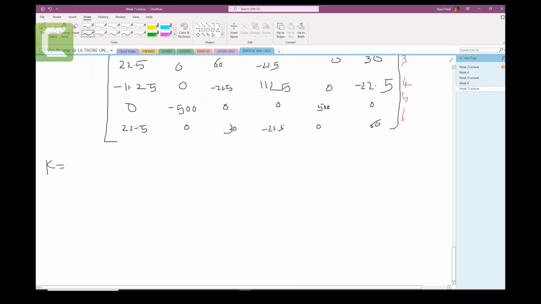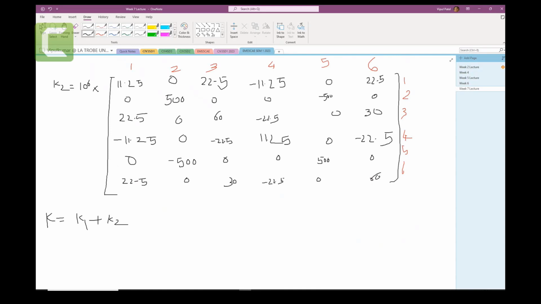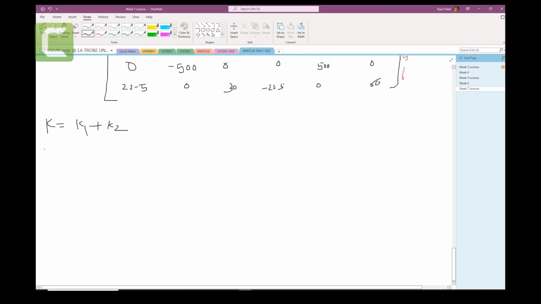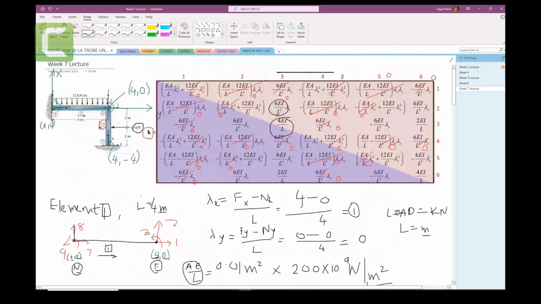Capital K is equal to K1 plus K2. I will show you one or two, and then you can do it yourself. So capital K: how many total degrees of freedom do we get? We get a total of 9 degrees of freedom, as you can see given here.